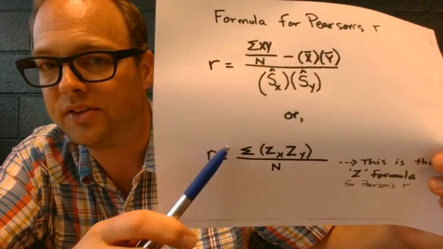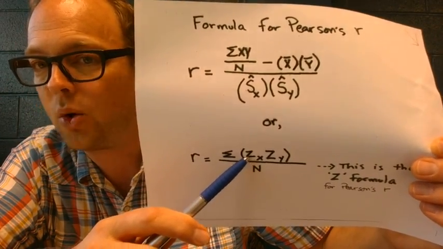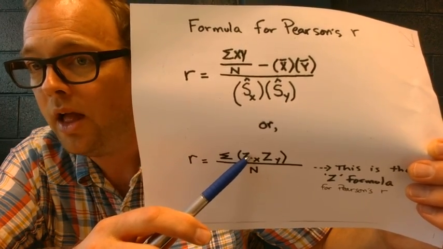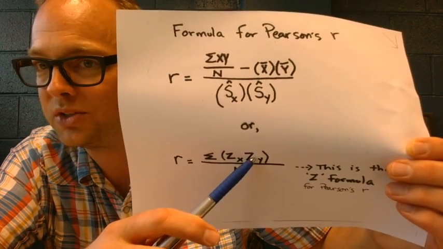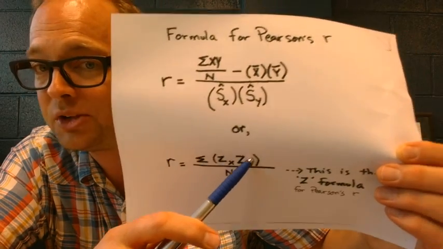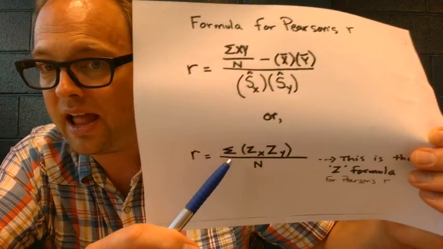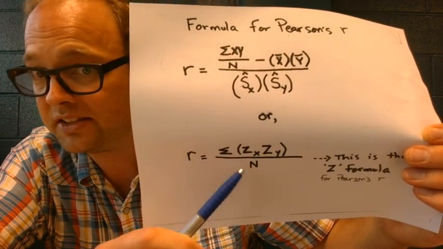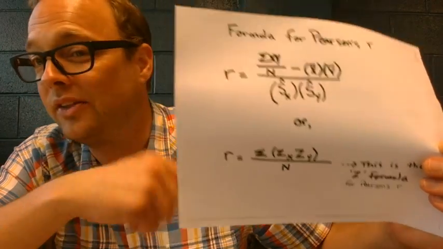The first thing you have to do is convert each x score to its corresponding z score, convert each y score to its corresponding z score, multiply those z scores together, add up all those products, then divide by n, and you'll get the same result. Now, if you want, I certainly would encourage you to test out the z formula and see if I'm right, that you get the same result.